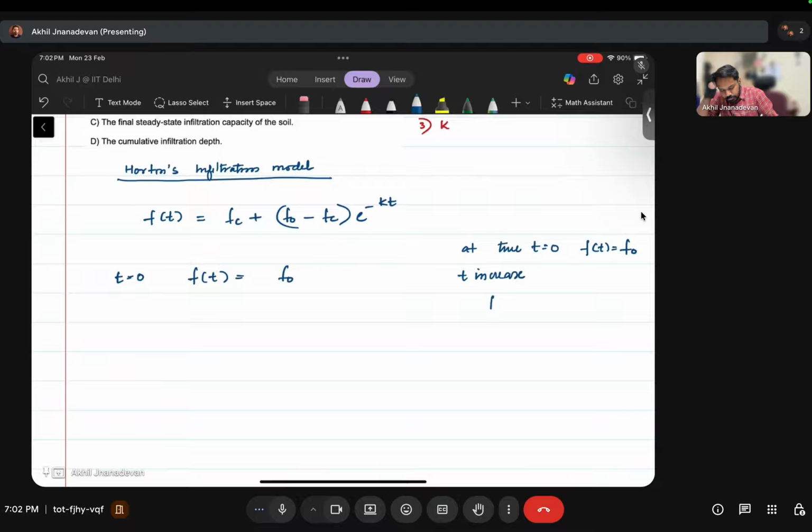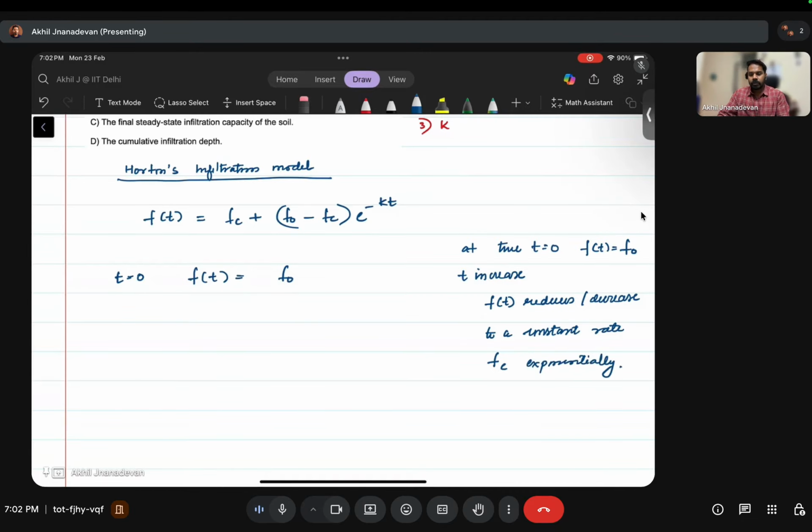After that, when t increases, f of t decreases exponentially to a constant rate fc. So this is basically the concept he has used here.